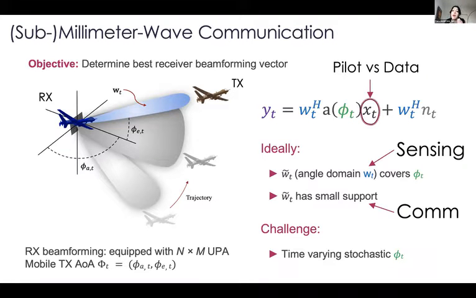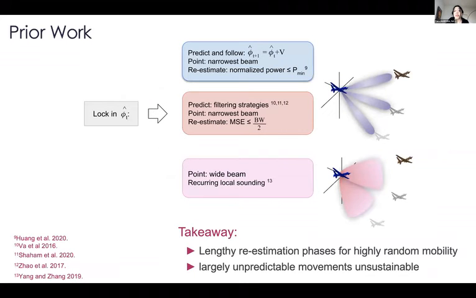If I know X_t, it's useless for communication, but it helps me with sensing because now I know what I'm looking for, versus if I don't know X_t and it's data. The prior work in this domain, which we were highly motivated by, is not a comprehensive one, and these are the works that we thought gave a first step that helped us.